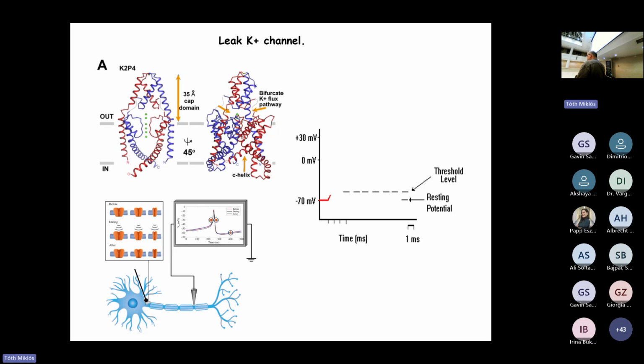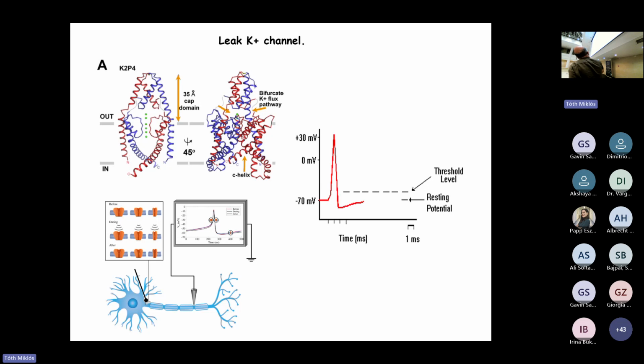When you talk about the leak channels, actually the story is totally different. As I said at the beginning, they are called leak channels, but actually most of the time they can open only with a voltage sensor. As you can see, for example, in this phase, they open and close.